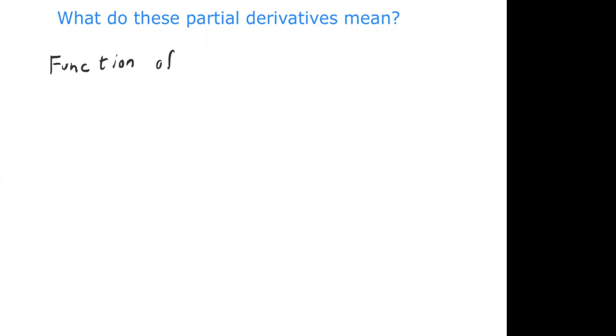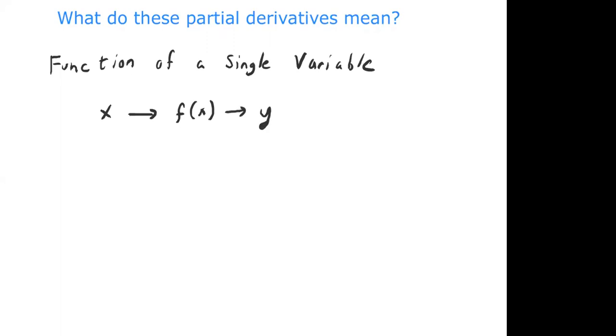So let's start with a discussion of a function of a single variable, where x is my input, function is my box, and my output is y. So the derivative of this function is just df/dx times dx.